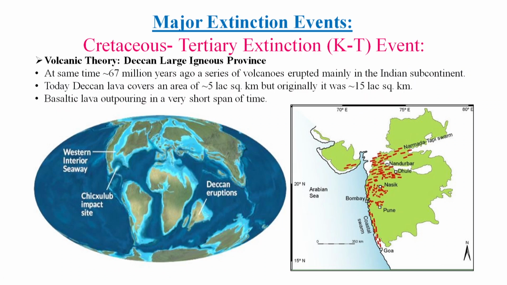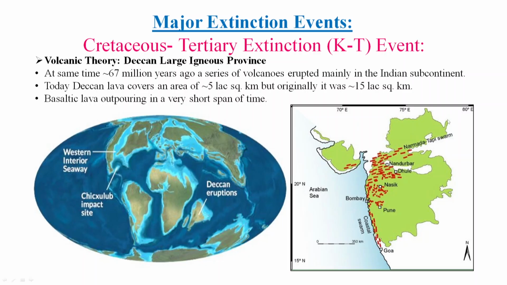The other theory of this Cretaceous-Tertiary extinction is related to the timing of the formation of the Deccan basalts here in India. This is the large Deccan igneous province, present starting from Gujarat, parts of Madhya Pradesh, Maharashtra, and even parts of Karnataka.